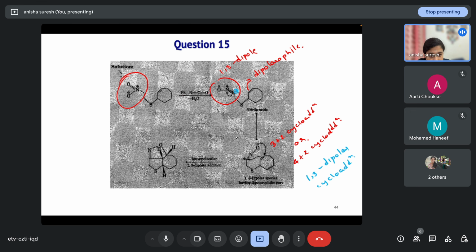Because this is not a newly formed stereo center. These two are the only newly formed stereo centers. That I will check and tell in the next lecture, okay?